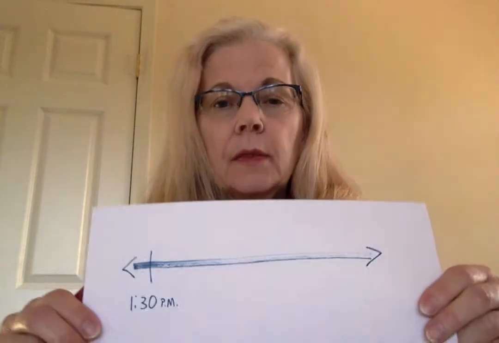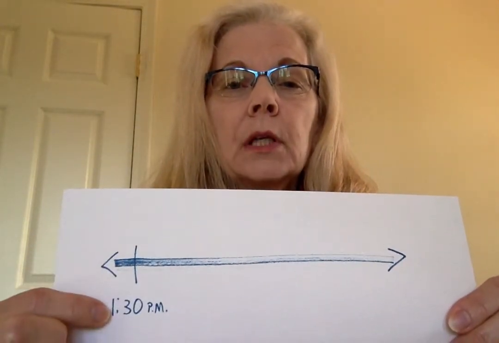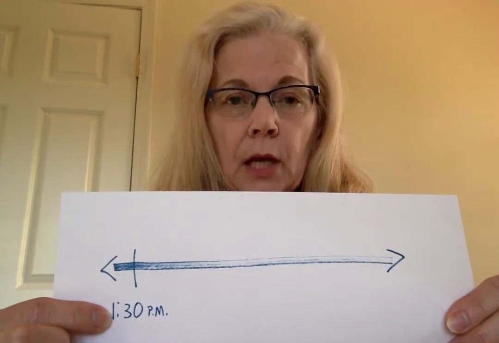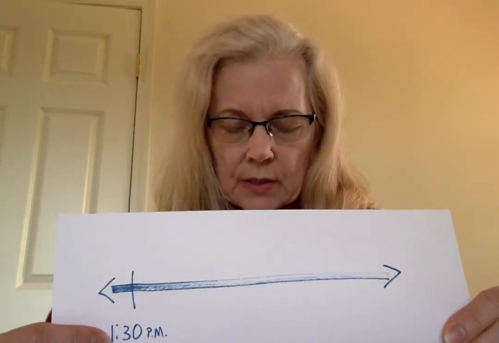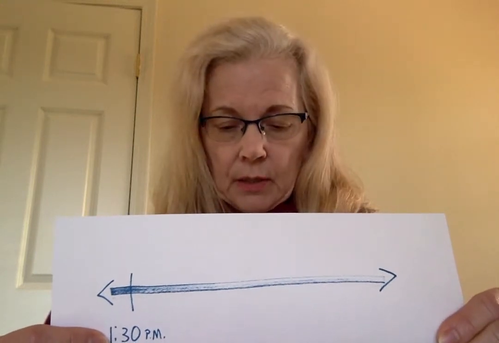One way is to use the number line. So they've drawn a number line for you. It says find the time on the number line when Javier started working on the project. So I put 1:30 here on my number line. Number 2 says count forward on the number line to add the elapsed time.